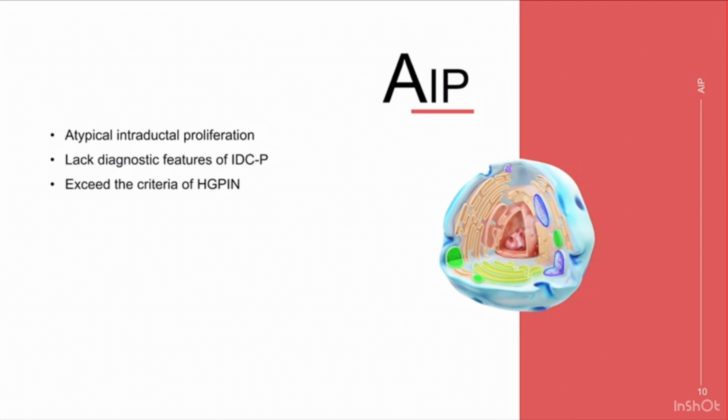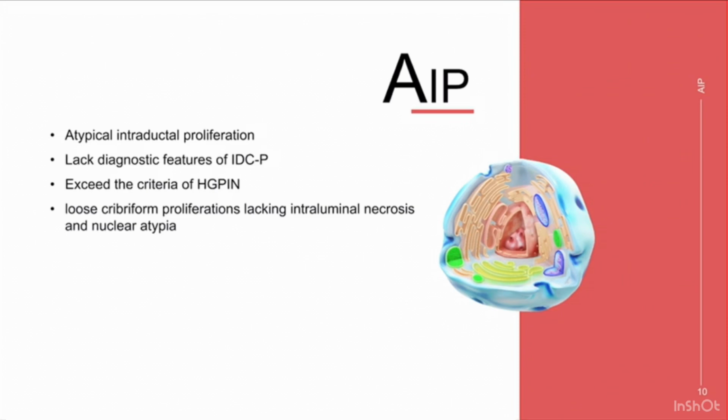So AIP is a lesion which comes in between HGPIN and IDC-P. What are its features? We have said that a loose cribriform pattern in IDC-P should either have necrosis or nuclear atypia. If there is loose cribriform proliferation but no intraluminal necrosis and no nuclear atypia, you are going to call the lesion atypical intraductal proliferation.